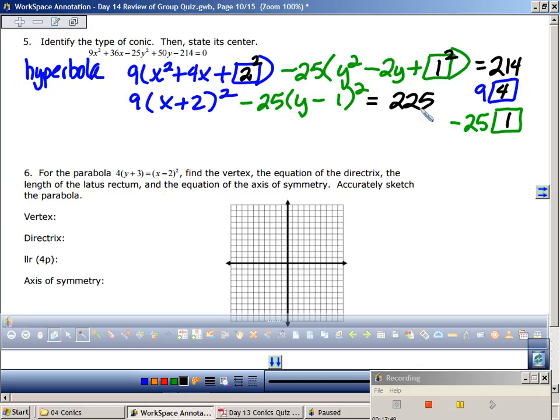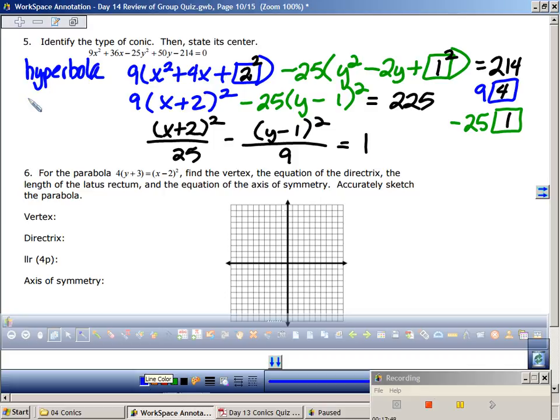Okay. If I divide everybody by 225, I get x plus 2 squared over 25 minus y minus 1 squared over 9. So my center is at negative 2 on the left. Question?